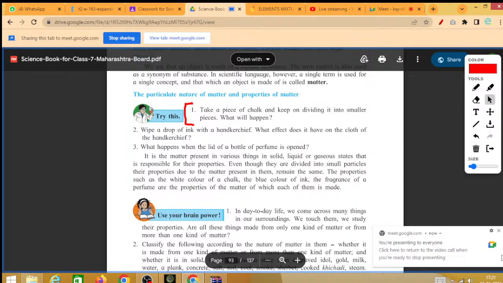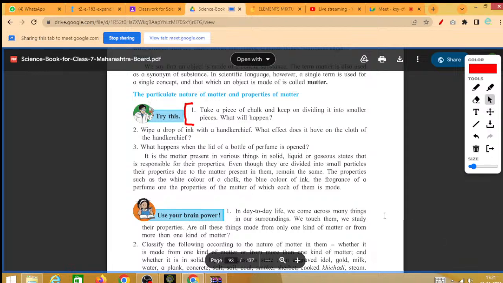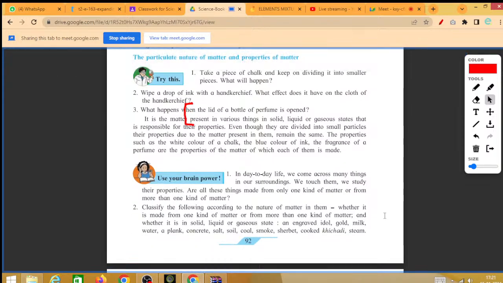In day-to-day life, we come across many things in our surroundings. We touch them, we study their properties. Are all these things only one kind of matter or from more than one kind of matter?